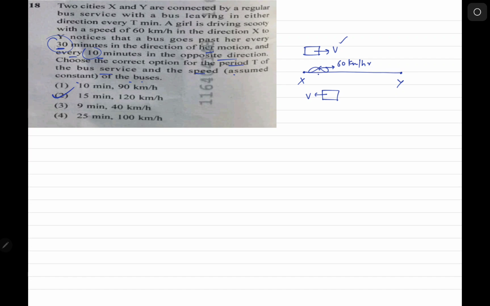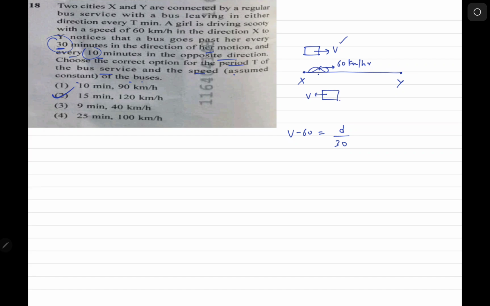So according to her, the speed of the bus is V minus 60. The distance is going to be the same, X to Y, divided by the time period, which is 30 minutes. So the speed of the bus is V minus 60 equals d by 30 minutes. Now the same thing applies here.